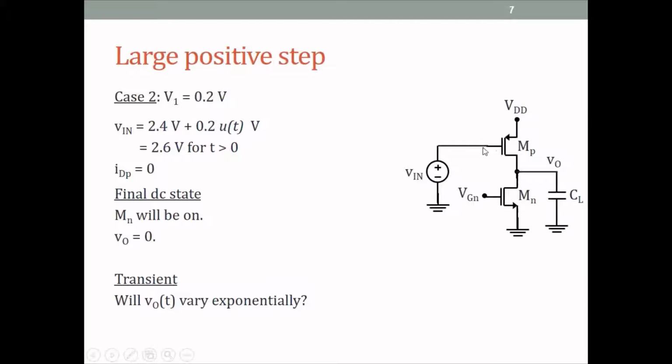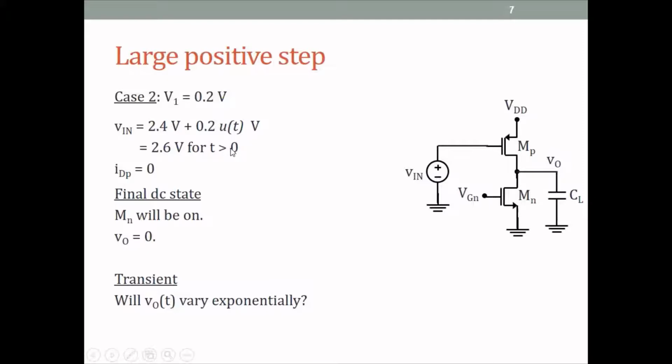Therefore, a sudden change in the input gate voltage would cause a sudden change in its current. And with 2.6 volts as the input, the gate source voltage of MP is how much? 3 minus 2.6, 0.4. The threshold voltage is 0.4. So MP will carry no current for t greater than 0.